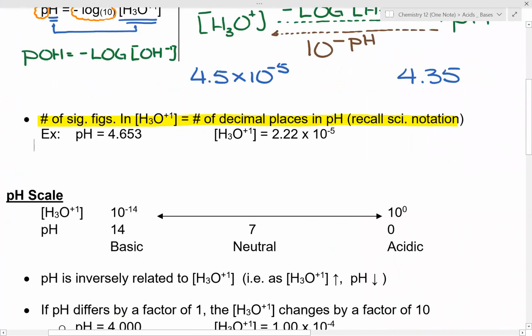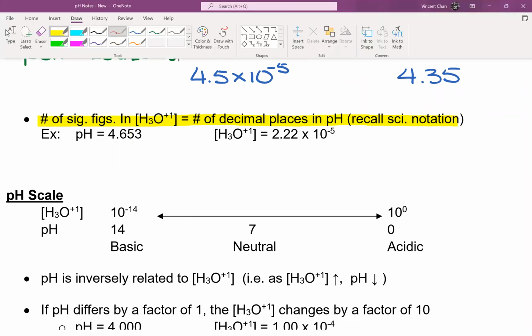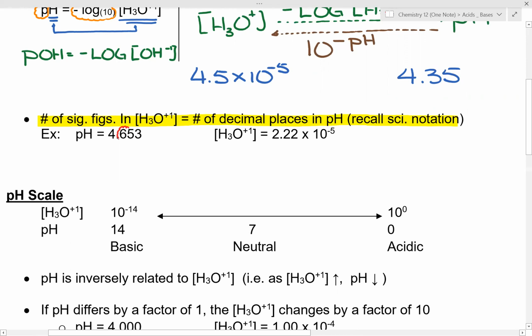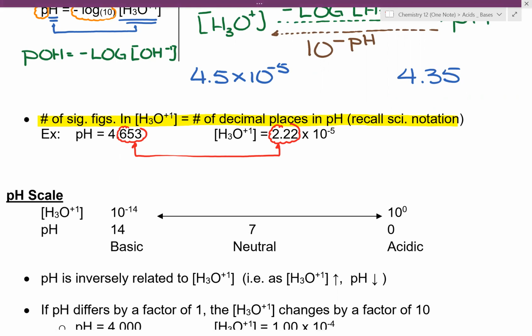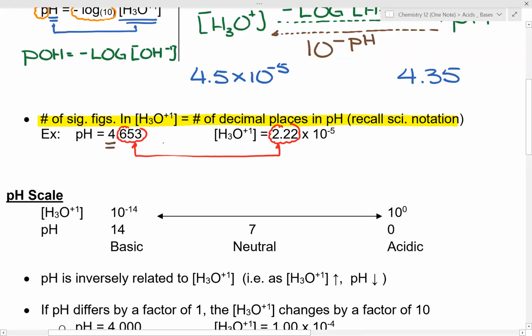Now, when we translate this into pH, what happens is the last digits, in this case, notice the pH has 3 decimal places, 0.653. That corresponds to the measurement in the H3O plus concentration. That's the decimal portion. The 4 is representative of the times 10 to the negative 5, how many times the decimal moved.